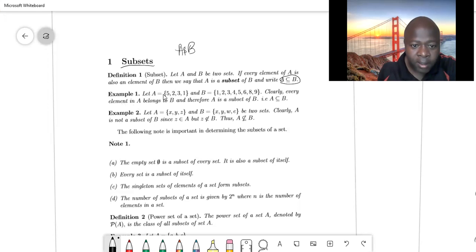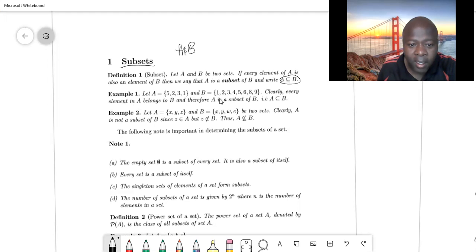Example, supposing this is set A with the elements 5, 2, 3, and 1. And this is set B with elements 1, 2, 3, 4, 5, 6, 8, and 9.